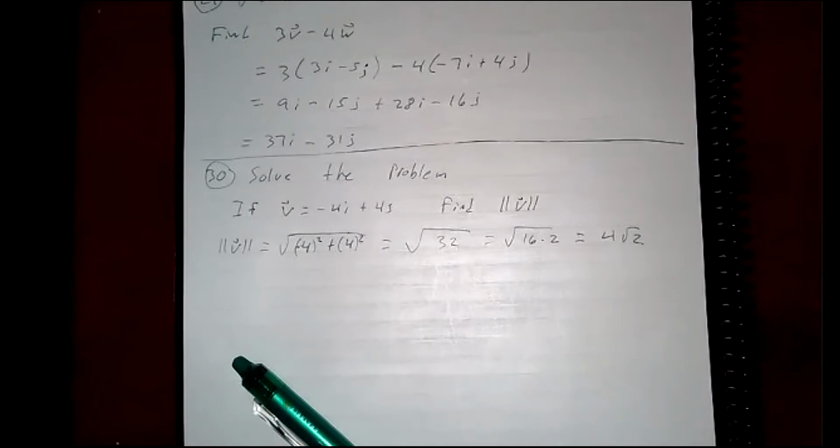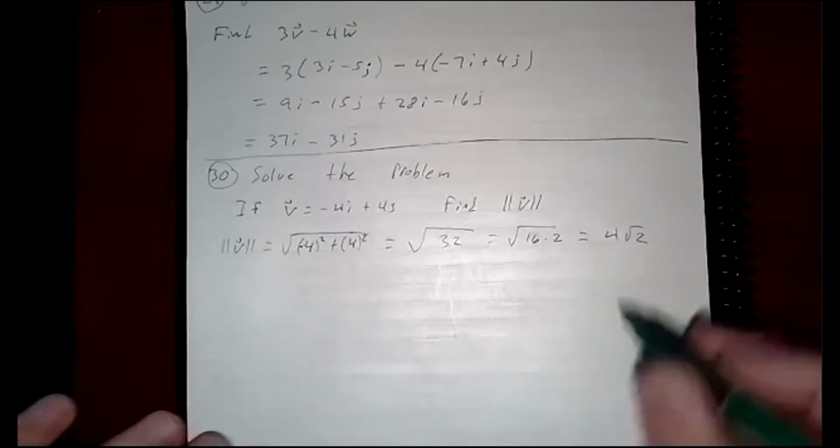You said C or D? C. C is in Charles. Okay, so number 31 is similar, you just add them first and then magnitude. The answer is also C for 31. So for 30, is it 4 radical 2? Yeah, that'd be this guy.